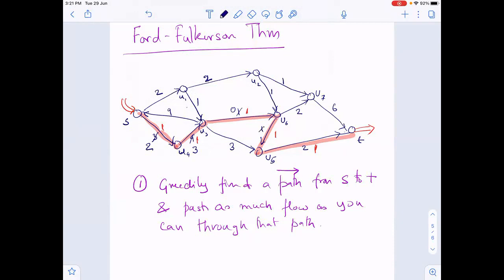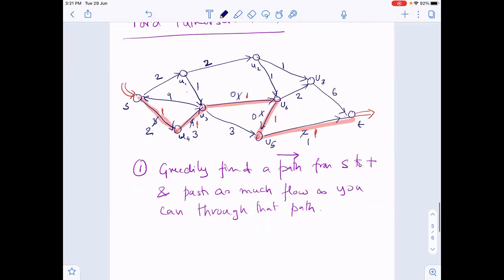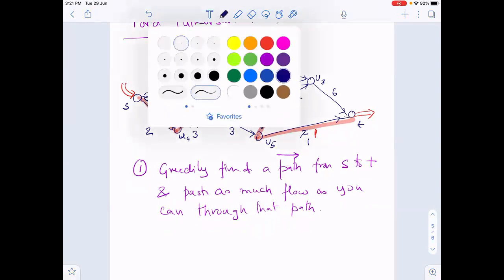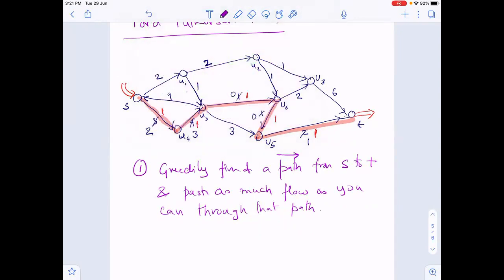Capacity here has gone down from 1 to 0. Capacity here has gone down from 1 to 1. Okay. Now I can come up with another path. The second step is that I find another path.